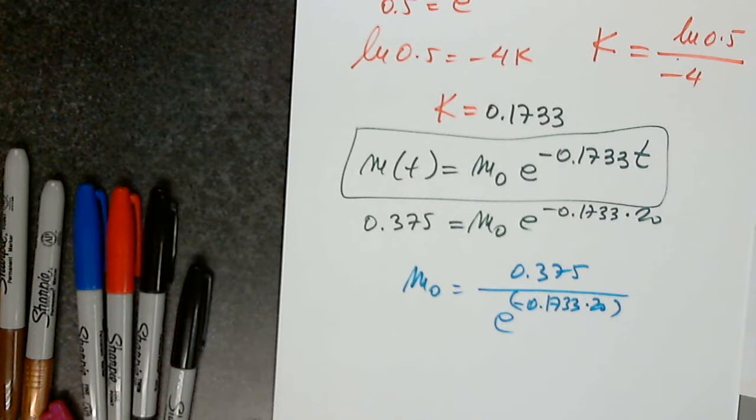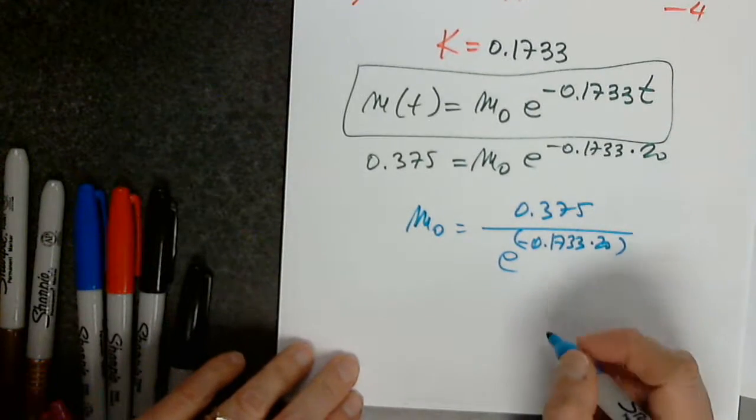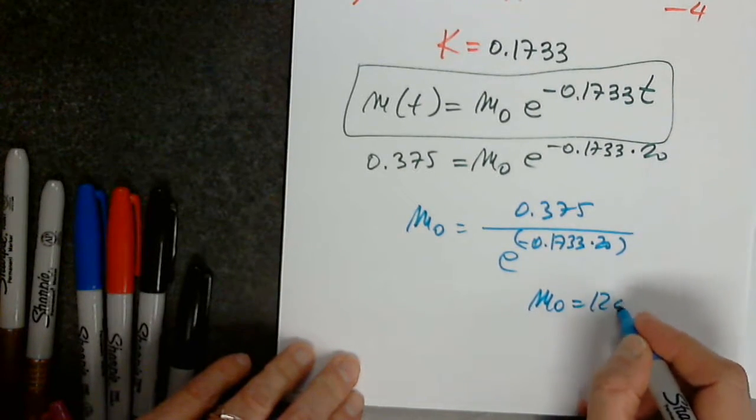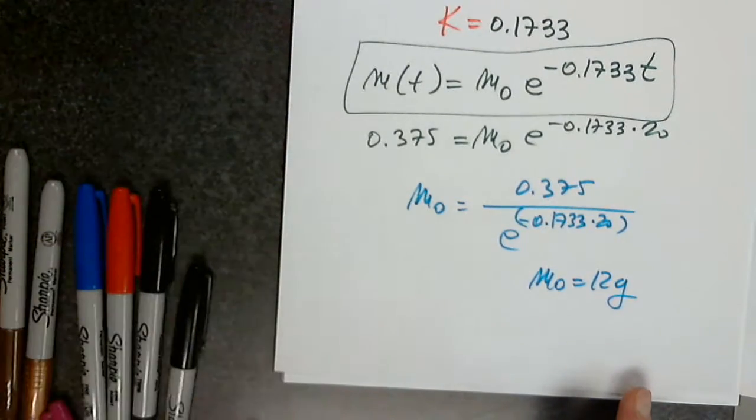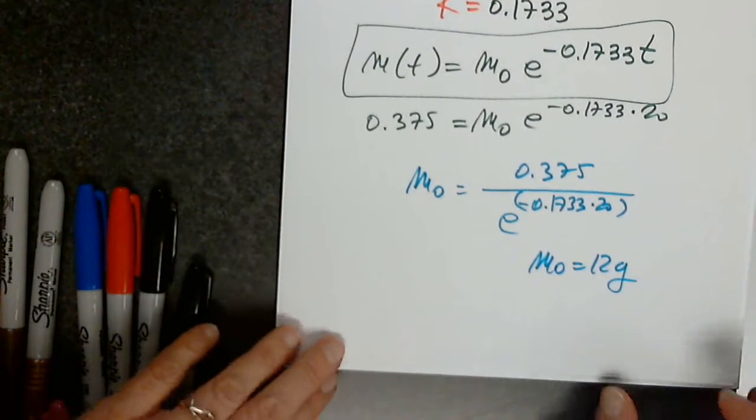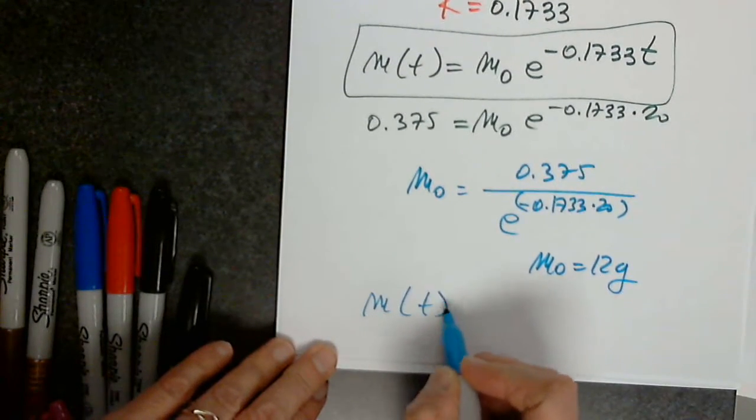I don't need that second set, but you know me already. Okay, so this is 12 grams. So m0 equals 12 grams. Finally, we have the entire model. No secrets anymore.